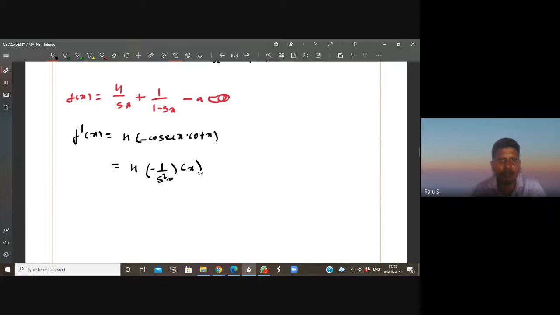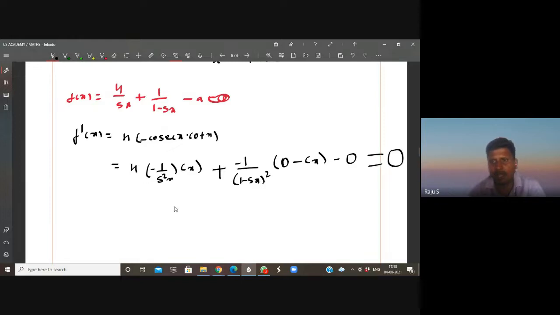We may write like this also. Here also it is in the form of 1 by x, so minus 1 by 1 minus sin x the whole square, again 0 minus cos x. Like that also you can do. You have to equate this value to 0 because f dash of x equals 0.